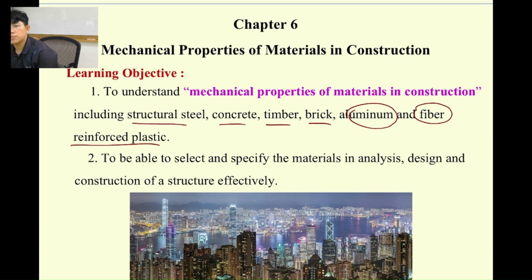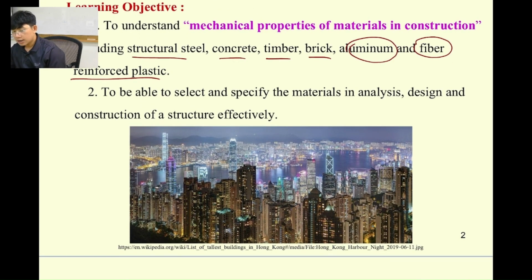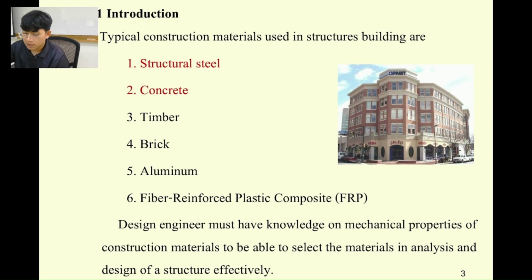The last one, fiber reinforced plastic, produces really high capacities with really light weight. Our purpose is just to select and use them properly. So we're going to talk a lot about structural steel, concrete, timber, brick, aluminum, and FRP.